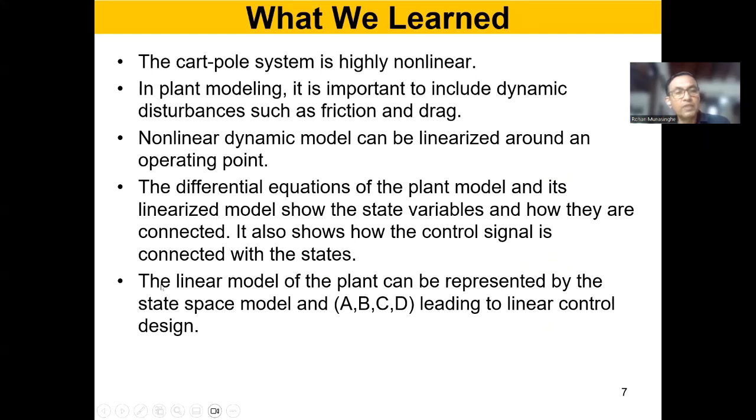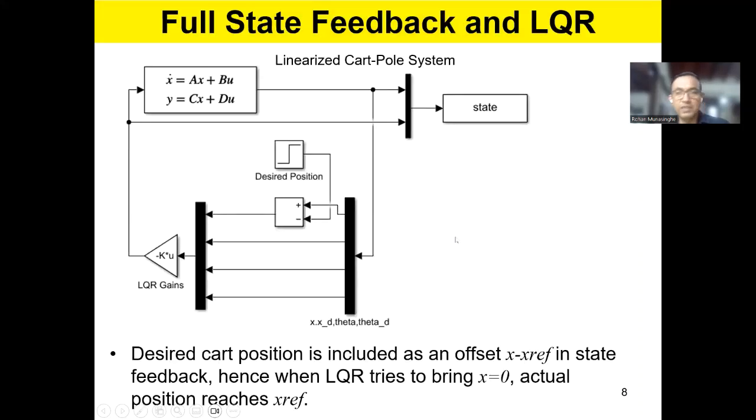Then the last bullet, the linear model of the plant can be represented by the state space model, that is A, B, C, D, leading to linear control design. Well, this is the linear controller design. Two weeks back we did the linear quadratic regulator.